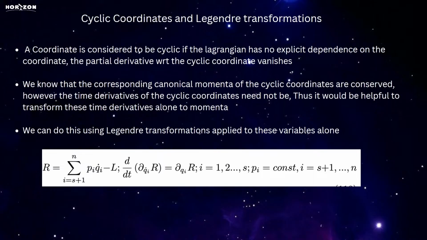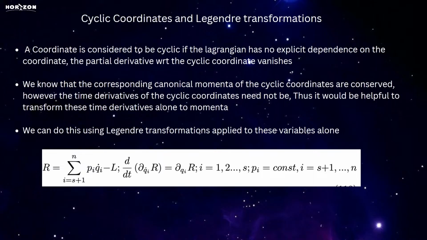So let's look into what cyclic coordinates are and some information about Legendre transformations. So when do we consider a coordinate to be cyclic? It turns out that a coordinate is considered to be cyclic if the partial derivative of the Lagrangian with respect to the said cyclic coordinate vanishes. This basically says that the Lagrangian has no explicit dependence on the coordinate.